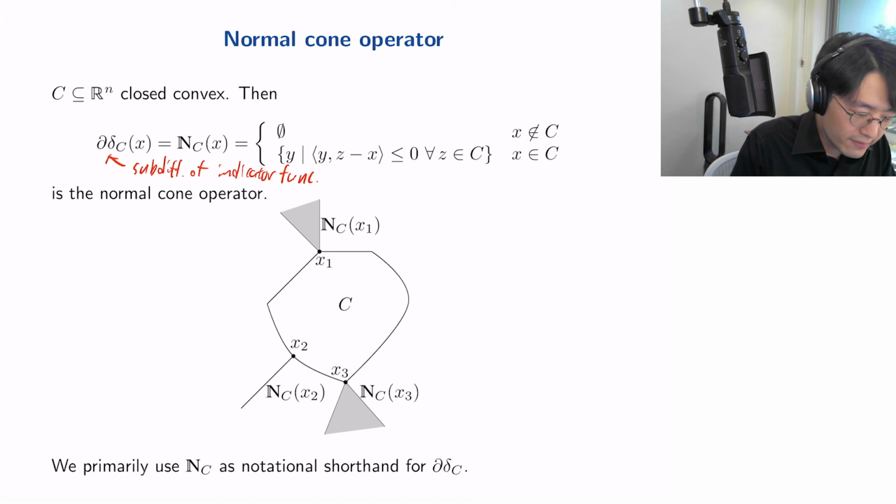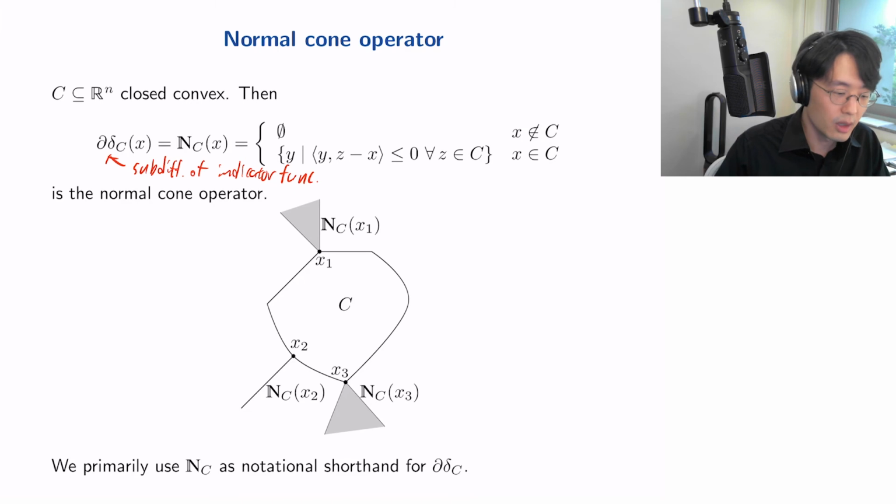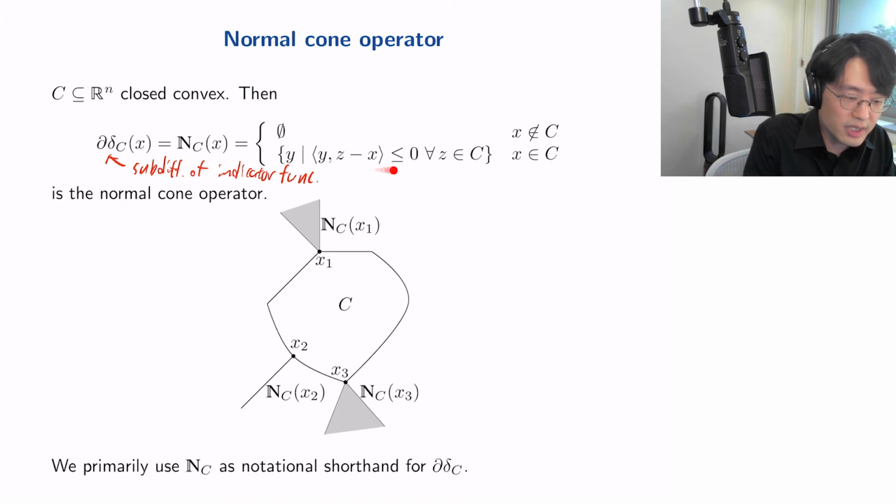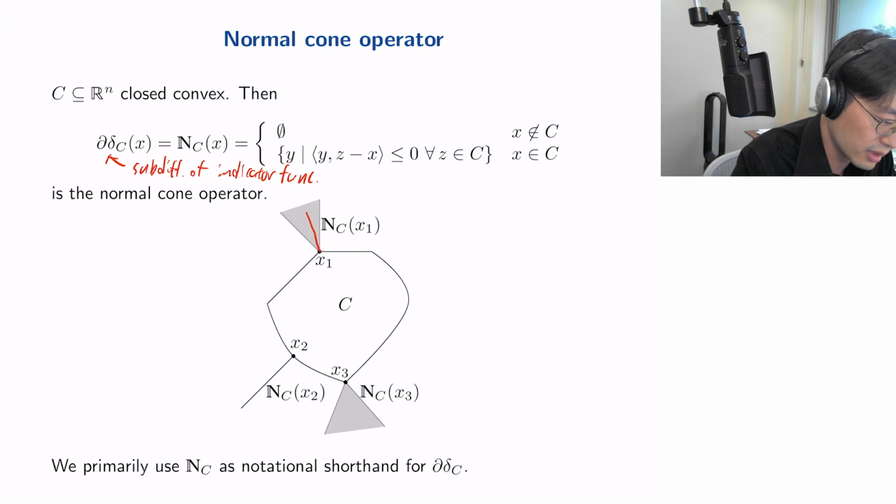But if we evaluate the normal cone operator at a point of the boundary that is not smooth, not differentiable, then it contains many directions. And if we evaluate it here, it also contains many directions. More specifically, the meaning of this inequality is that, let's say we pick a direction like this.